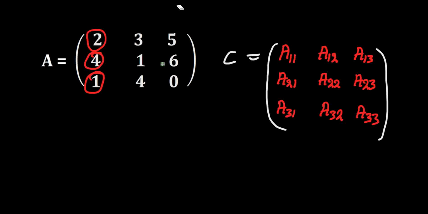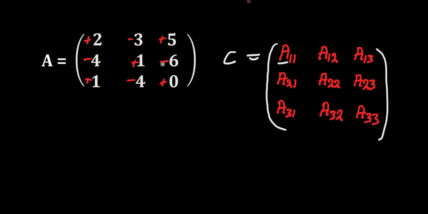So at this point we need to find the value of each element in the cofactor, and we can start with this. And just before we get started, please note that for each element, this would be positive, negative, positive, negative, positive, negative, positive, negative, and positive.